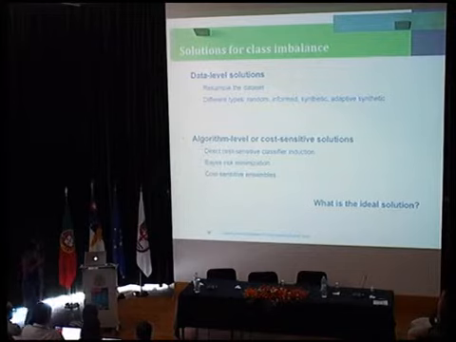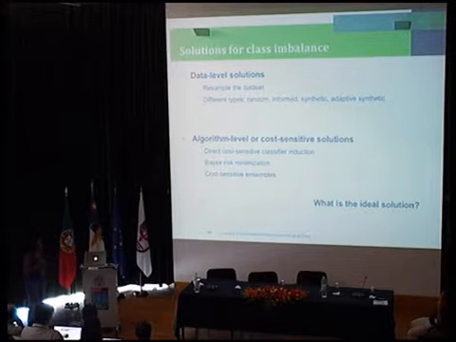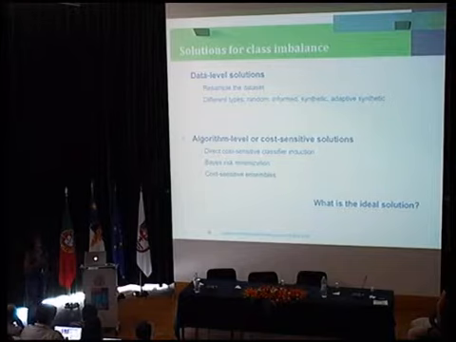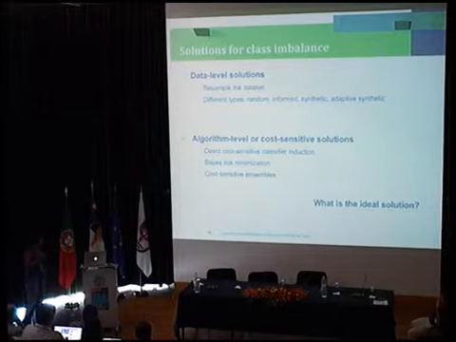And you do this by using direct cost-sensitive classifier induction. Okay, so the algorithm should infer costs according to the imbalance. You use Bayes risk minimization or cost-sensitive ensembles, and what we wanted to see is, according to the classifier, what is the best solution.